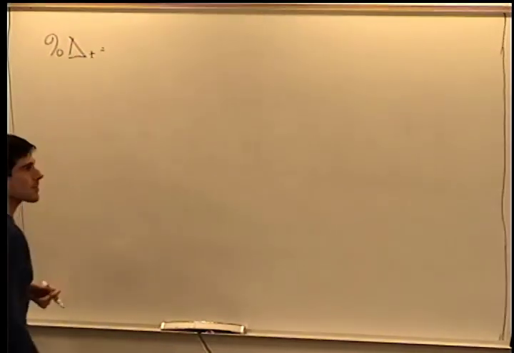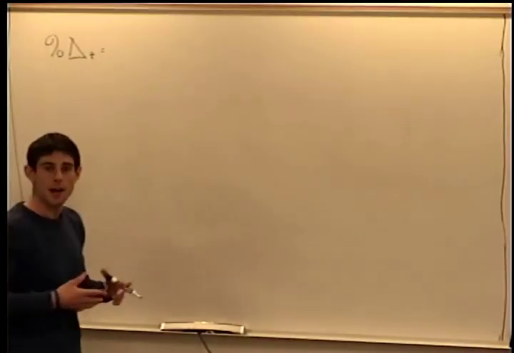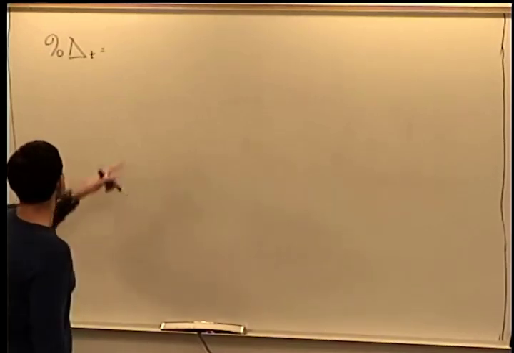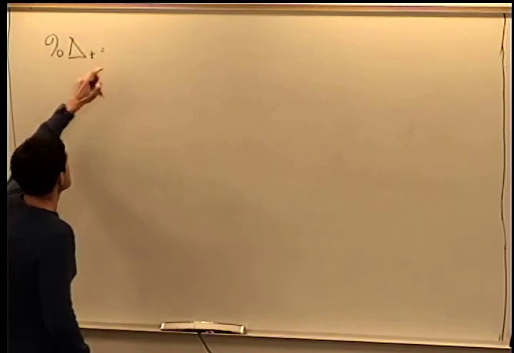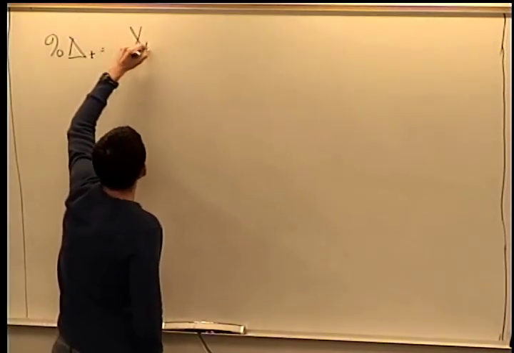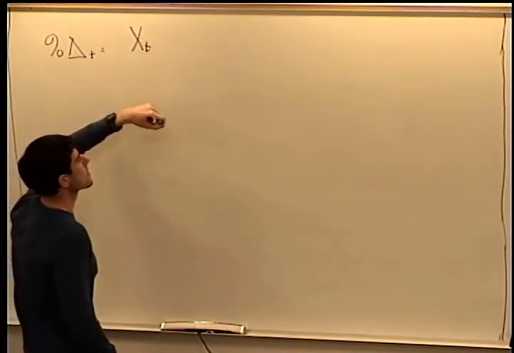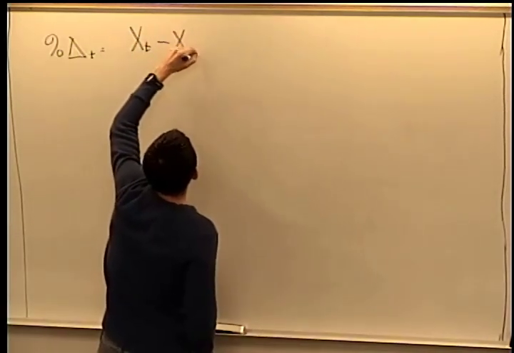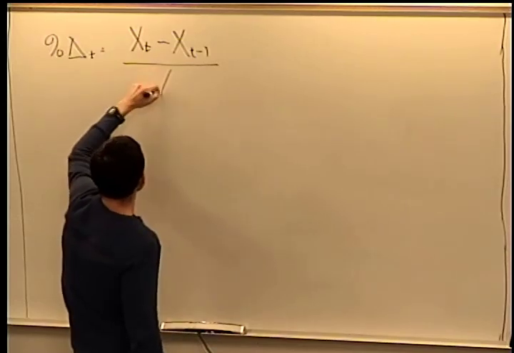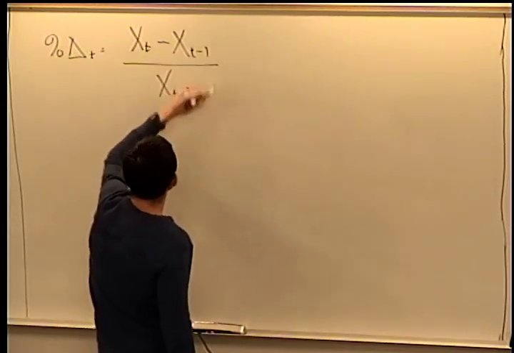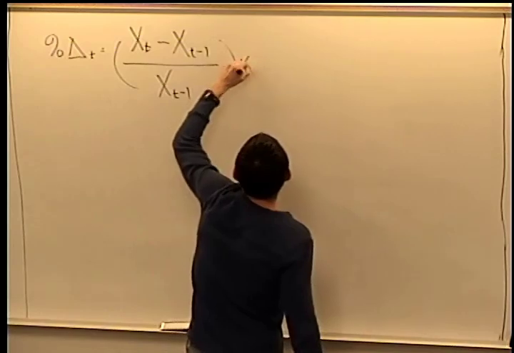Percentage change in year T equals, and I'm just going to write out the formula, and then we're going to go through a few examples. So to find the percentage change in any variable, we take that variable in year T minus that variable in some other previous year, divided by that variable in the previous year, times 100.